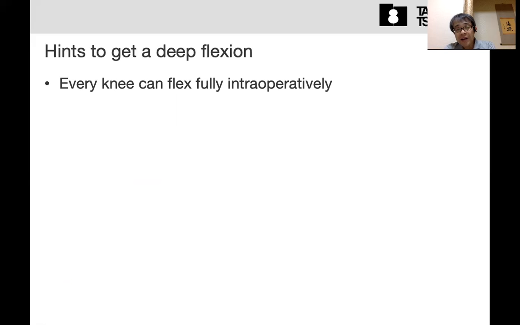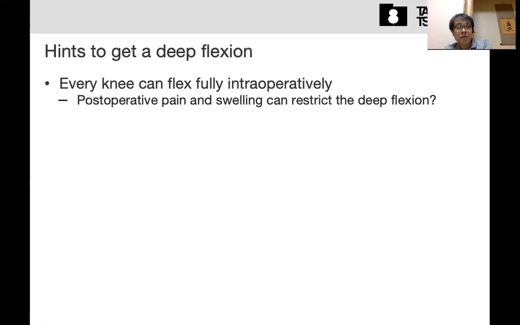After the operation, the patient can flex the knee fully, and intraoperatively they can flex the knee fully too. What is different? I think postoperative pain and swelling can restrict the flexion. This is one hypothesis, or some way of the rehabilitation.